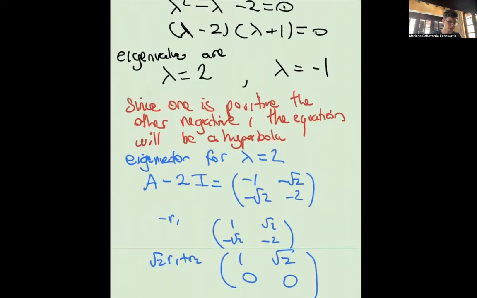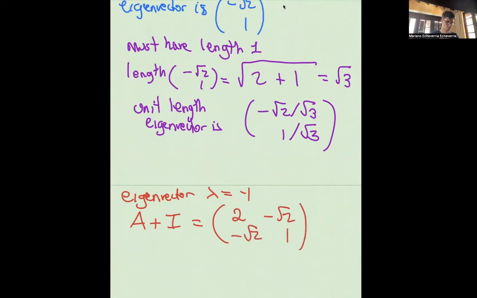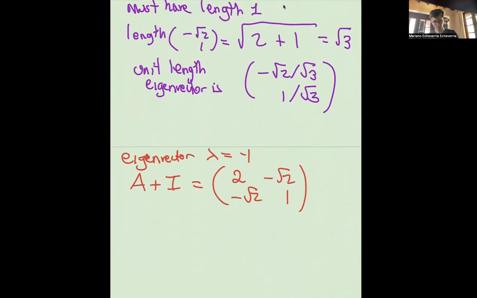Now we have the eigenvector for lambda equals minus 1. That's a plus I in this case, so you get 2, minus root of 2, minus root of 2, 1. There are different ways to do it; it doesn't matter too much.